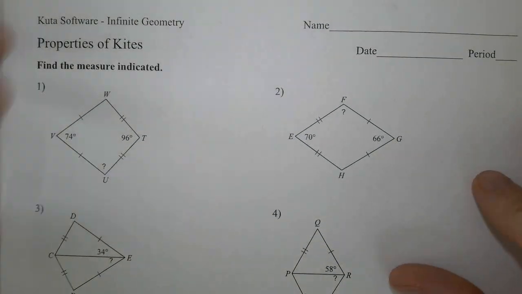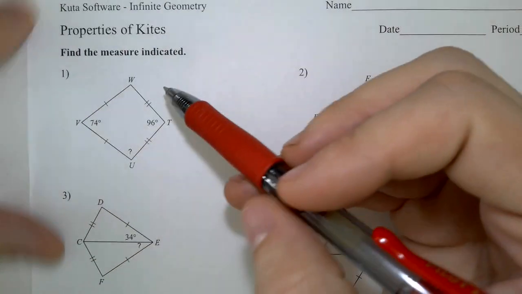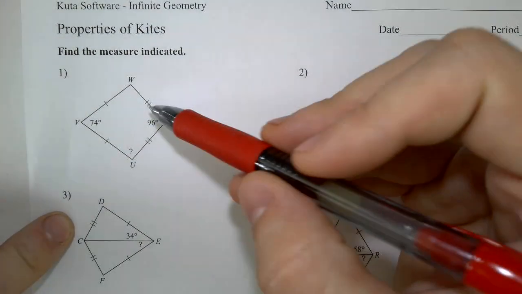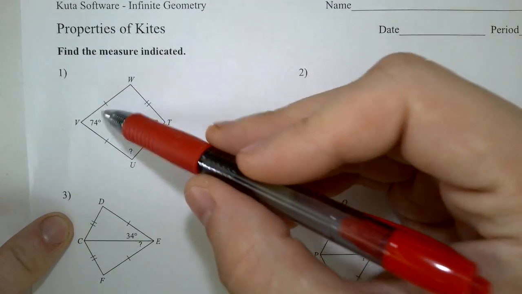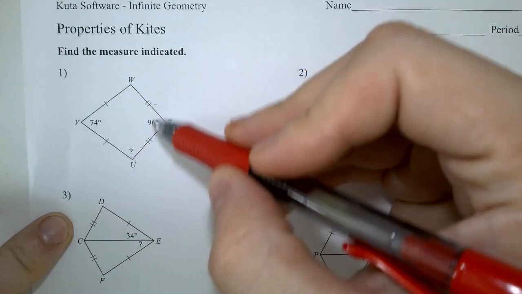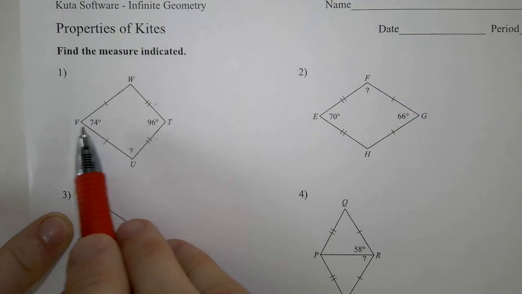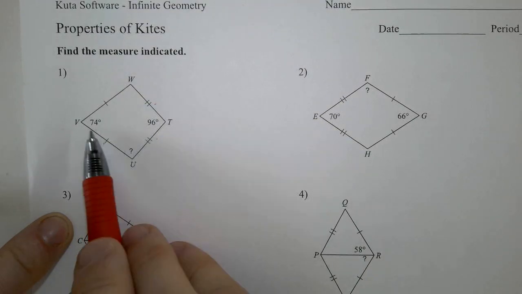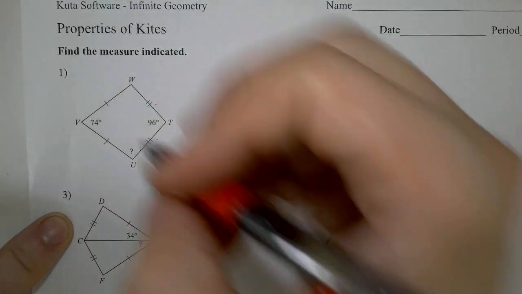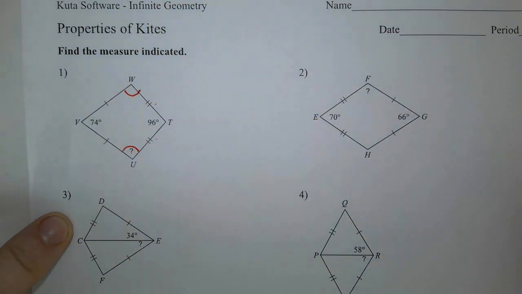Now kites are unusual compared to rhombuses, which was the last video, in the sense that they don't have four equal sides. They have two sets of equal sides. So these two are equal and these two are equal. And when they are equal, you may notice that the opposite angles are not always equal, but they are equal here and here, okay?